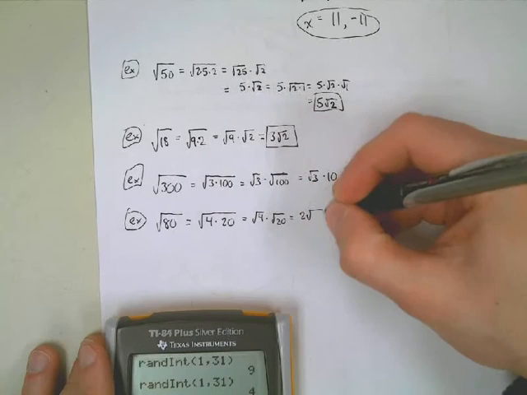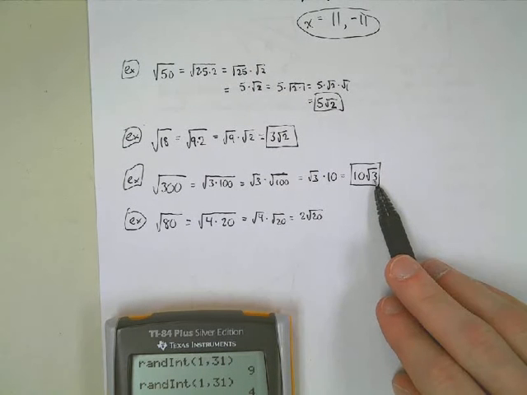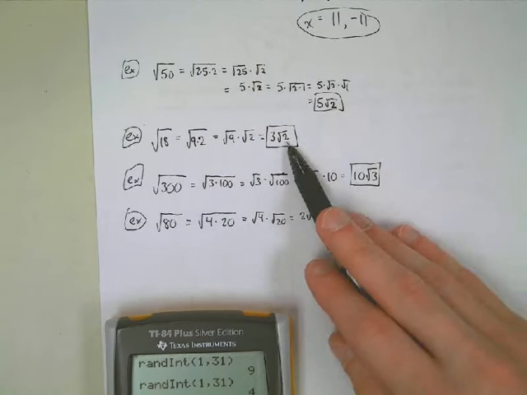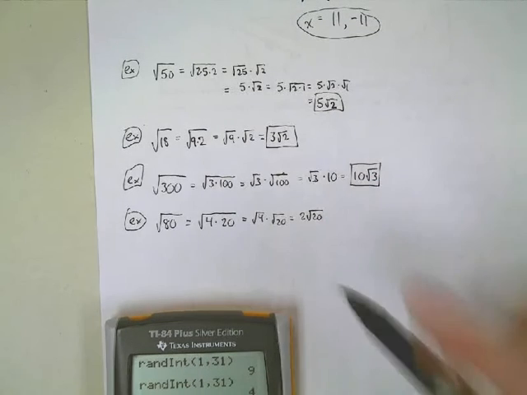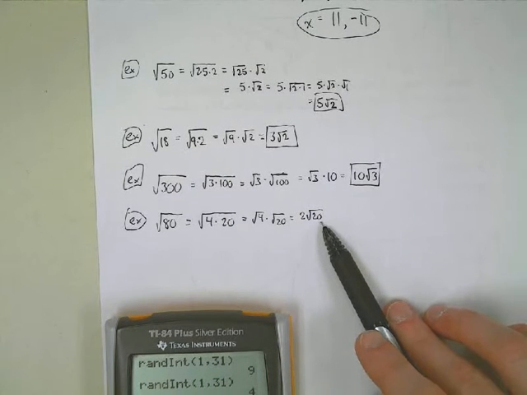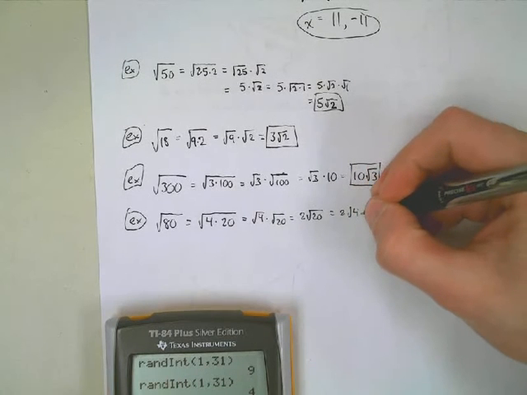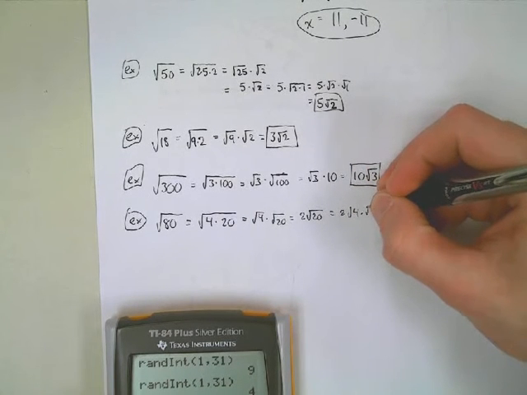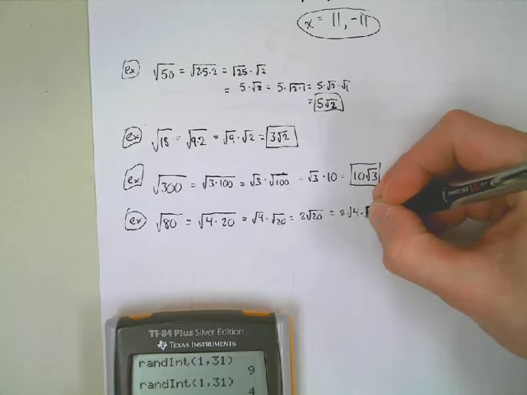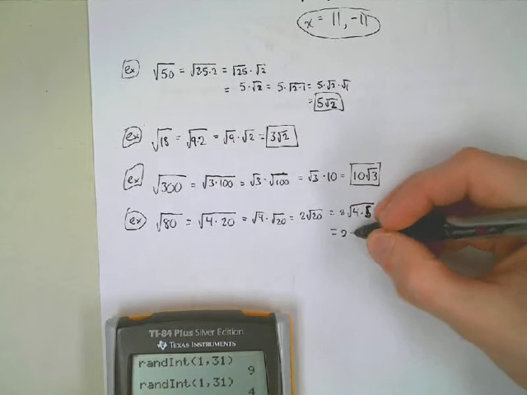Now, in these previous problems, after we pulled out that perfect square, we couldn't simplify the square root of 3 anymore, right? 3 did not divide by any more perfect squares. 2 did not divide by any more perfect squares except for 1. But 20, Mitch, can we divide 20 by another perfect square? 4 and 5. Another 4, right. So if we rewrite this as the square root of 4 times the square root of 5, we again can break it up, so it's 2 times the square root of 4 times the square root of 5.